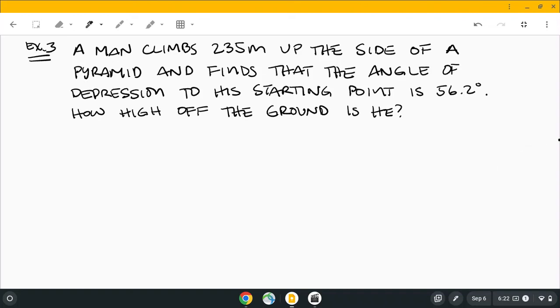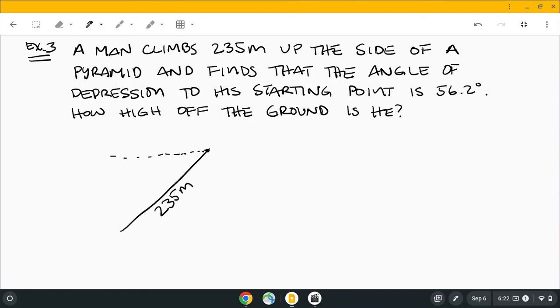Okay. So a man climbs 235 meters up the side of a pyramid. So he goes up the side of a pyramid, and he's 235 meters. So he's right there. And finds that the angle of depression, so remember, angle of depression is measured from a horizontal.